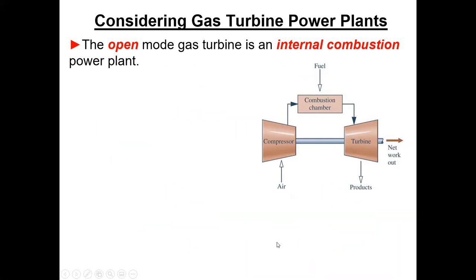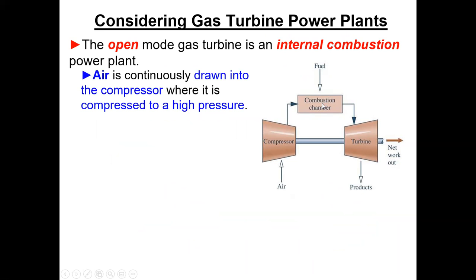The open mode gas turbine is called internal combustion because the combustion happens inside this component, the combustion chamber. Air is continuously drawn into the compressor, which compresses it to a high pressure, and you get a nice temperature increase at the exit of the compressor as well.